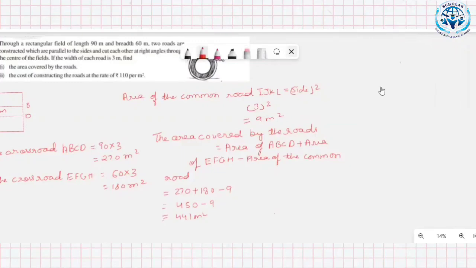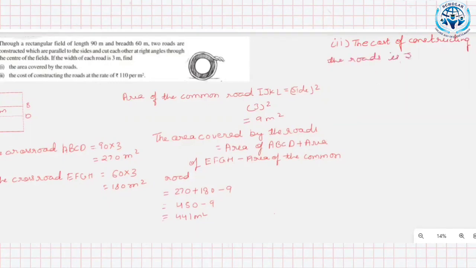Now the second part, the cost of cementing the roads at the rate of 110 per meter square. Now the area of roads is known, 441 meter square.